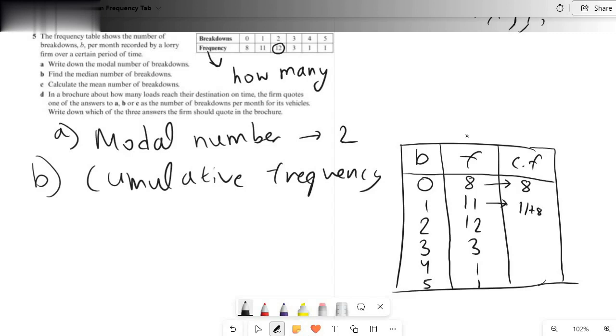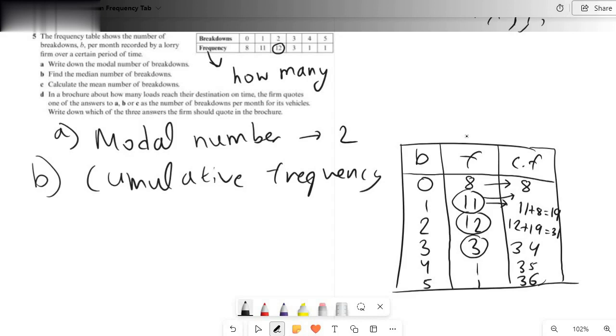So this is going to be this frequency plus the previous cumulative frequency that you have found, which gives us 19. Similarly, for the other ones, this is going to be 12 plus 19, which is the previous cumulative frequency, and that gives us 31. The next one will give us 31 plus 3, which is 34. The next one will give us 35, and the final one will give us 36.